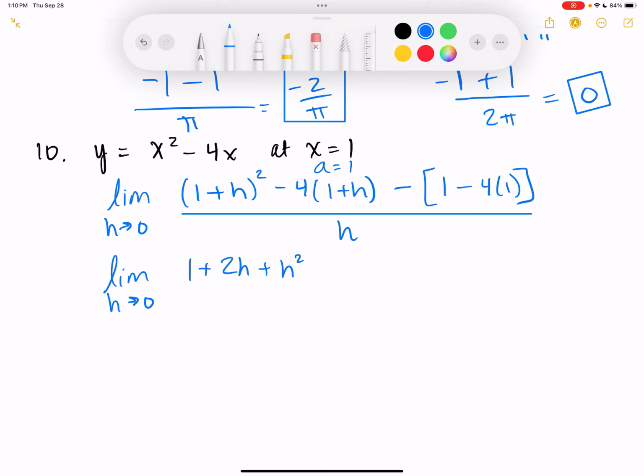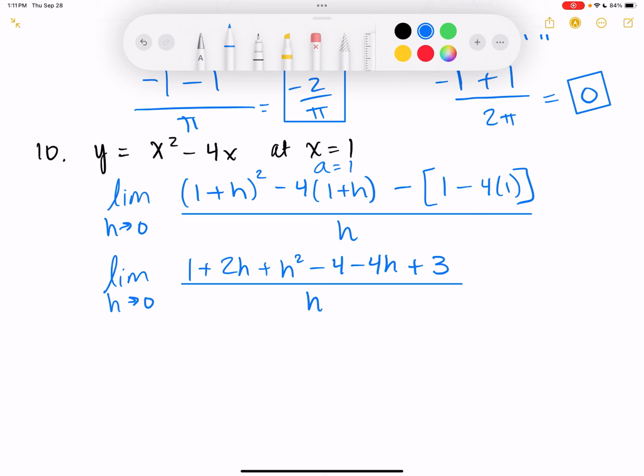And then I've got to do minus 4 times 1 plus h, so minus 4 minus 4h. Then inside the parentheses, I've got 1 minus 4, which is negative 3, times the negative, so it's going to become positive 3. So plus 3 there, all over h.